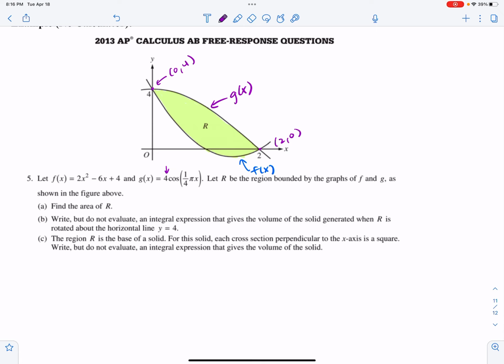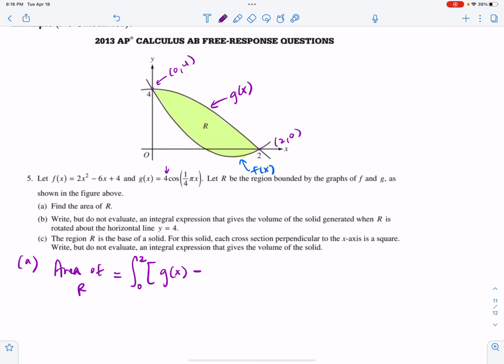Okay, so first question, a little bit of a review from section 7.1. Find the area of R. So the area of R would be the integral from 0 to 2, being x intervals, top function minus bottom function.